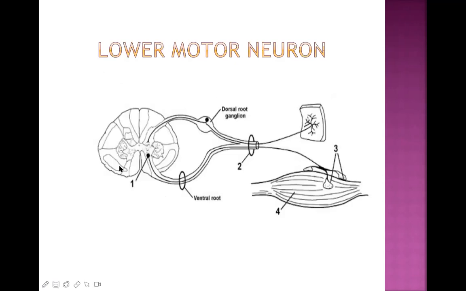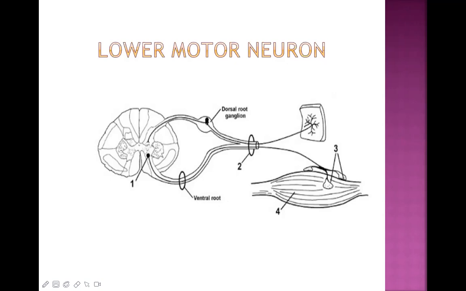Now, this picture is telling us the same thing. This is a cross section of the spinal cord. Here is the ventral root. This is the dorsal side. Here is the ventral side. So this is the ventral root. From there, the motor nerve is coming. This is a lower motor neuron. It goes outside through the ventral root. See there, ventral root. Dorsal root is here.